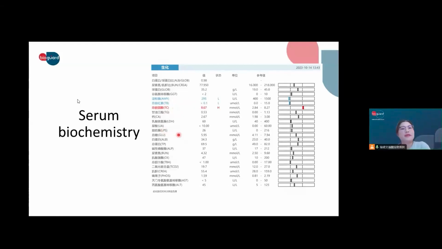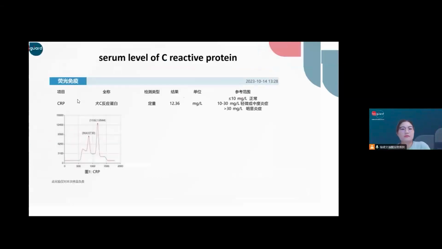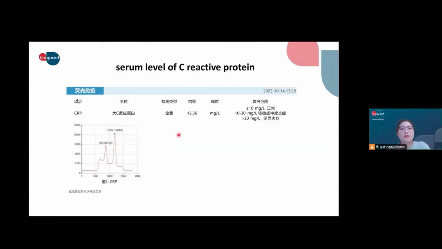These changes were not directly related to uveitis. Okay, the serum level of CRP was a little higher than normal.